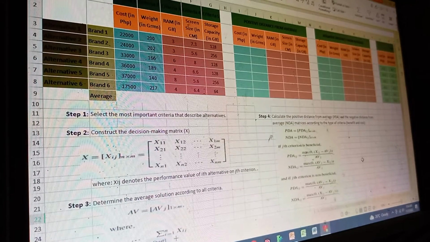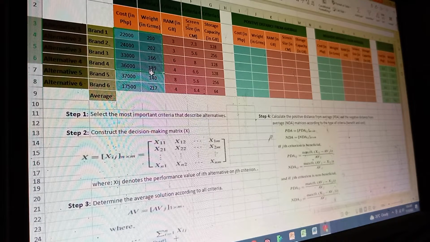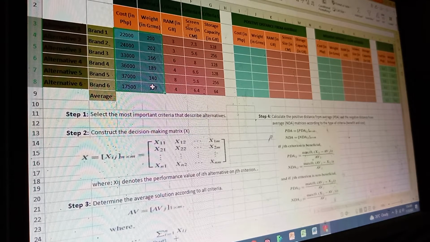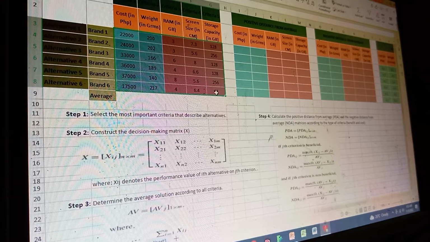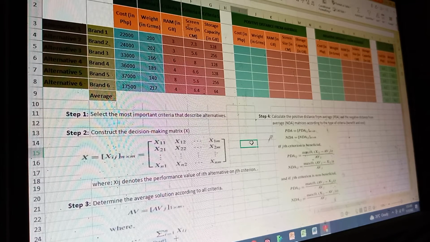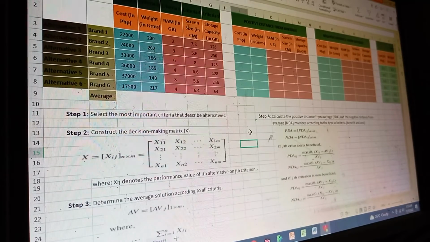Suppose this problem: the blue color is the cost criteria, and the pink is the benefit criteria. In this example, the data here are the gadget cost and the application specs of a gadget.